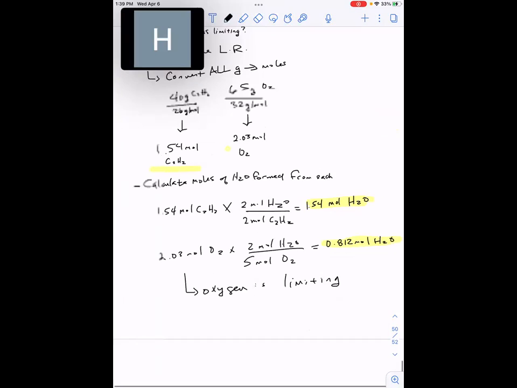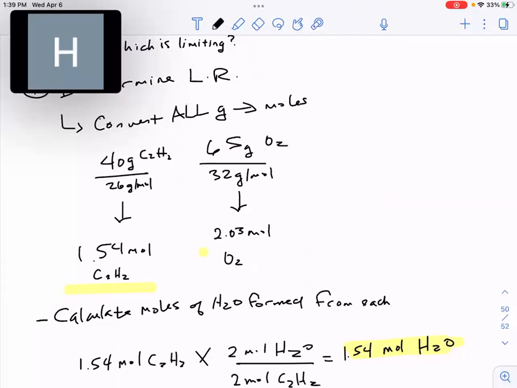Questions about that part? We're not done with this question yet, but are there any questions about this part right here? No, sir. All right. So oxygen is limiting in this case.